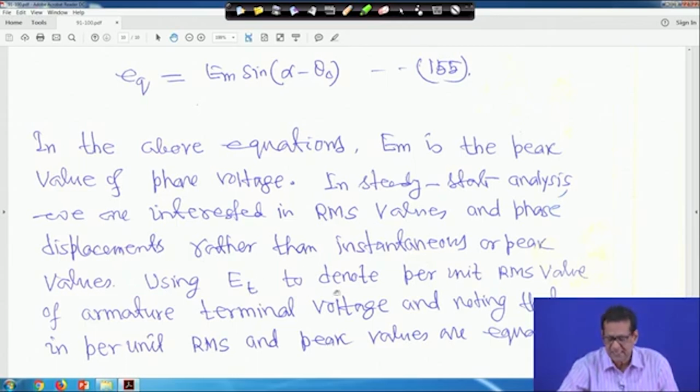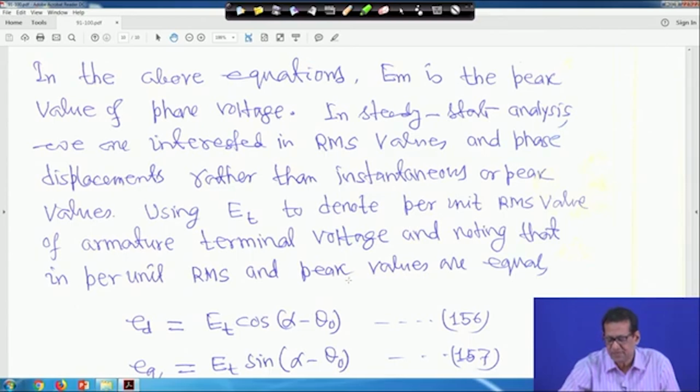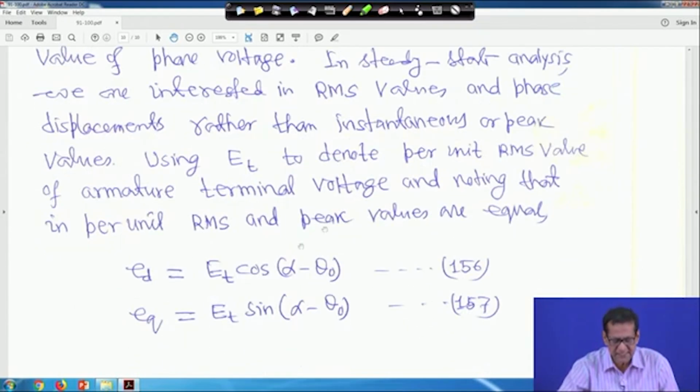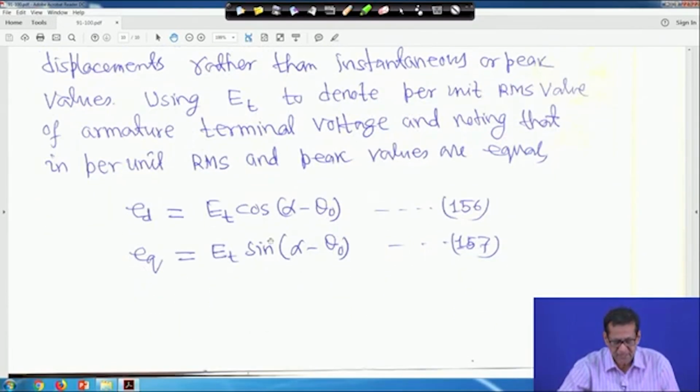Now, using ET to denote per unit RMS values of armature terminal voltage, and noting that per unit RMS and peak values are equal, because when we convert to per unit values the RMS value and peak value will be equal, we can write ED is equal to ET cosine alpha minus theta 0, this is equation 156, and EQ will be ET sin alpha minus theta 0, this is equation 157, right.